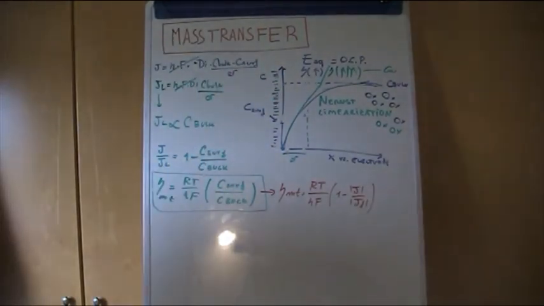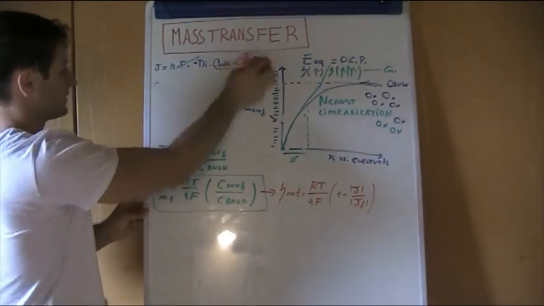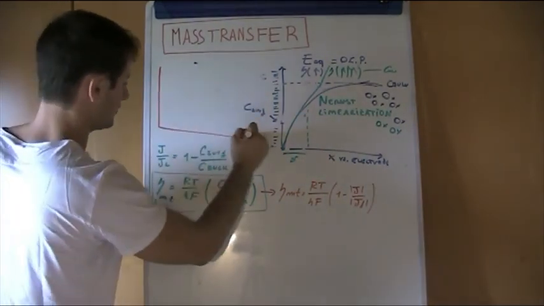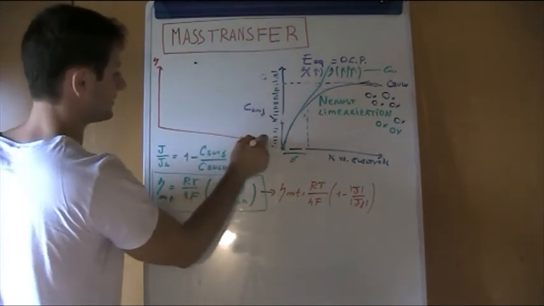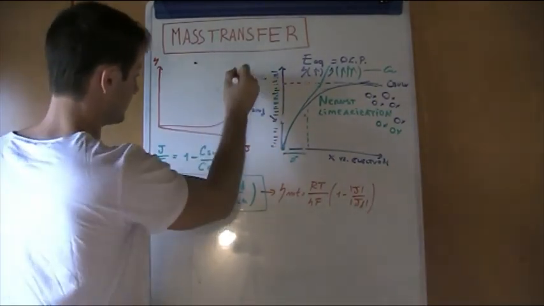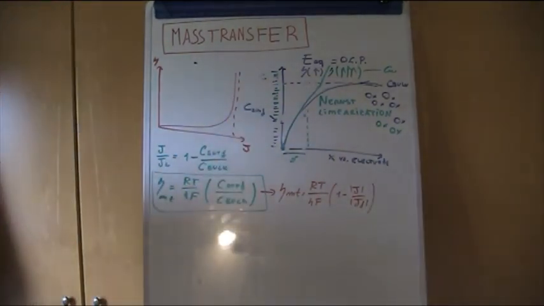And so, what does it mean? That now, if we want to plot this function in an overtension-current diagram, we can appreciate a trend like this, with the limiting current representing the asymptote of this function.